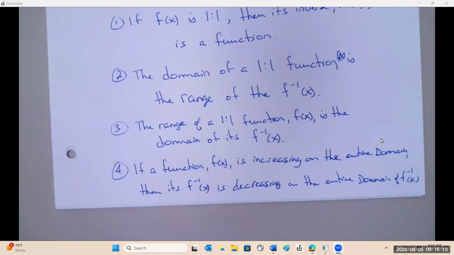If it's one-to-one, think about why is that? Think of all the points that are increasing. If you switch the points, remember, you flip it across the y equals x axis, it's now going to be a decreasing function. This will be apparent when we start talking about exponential functions.